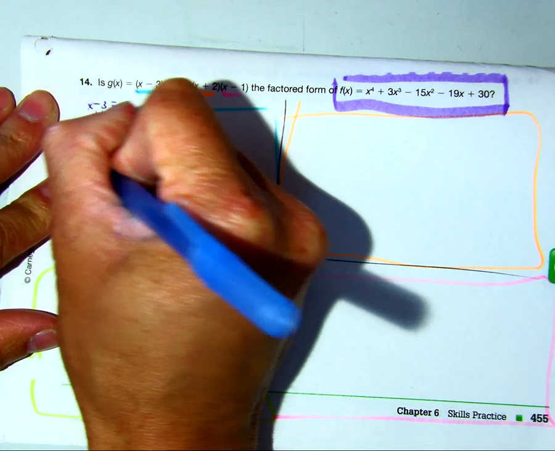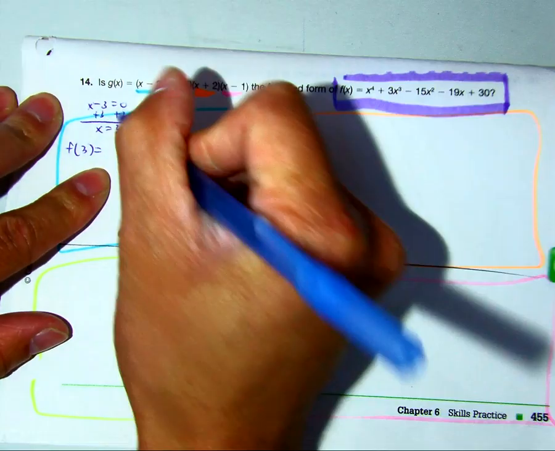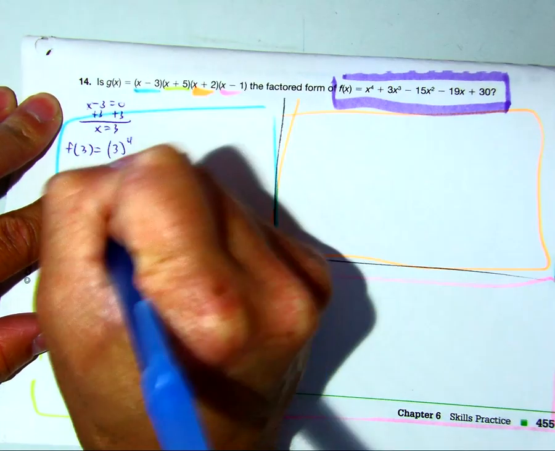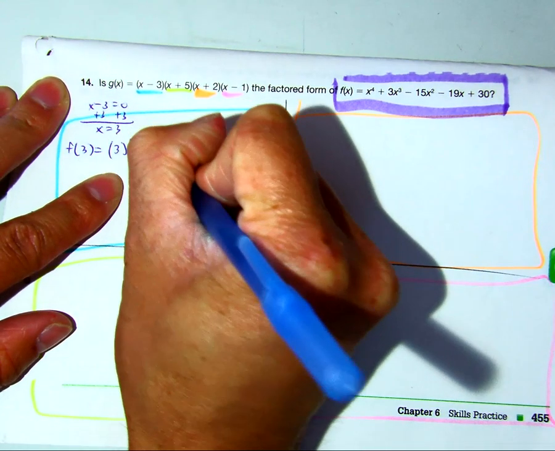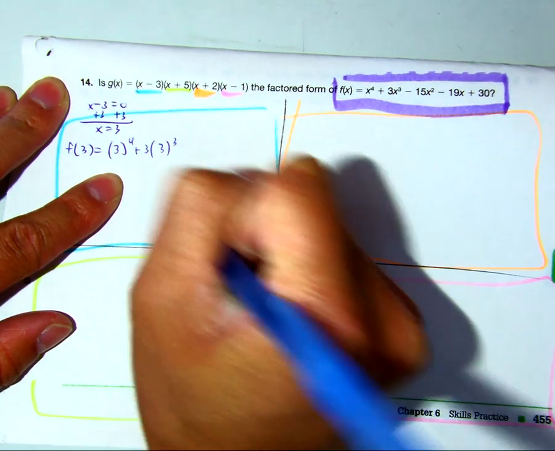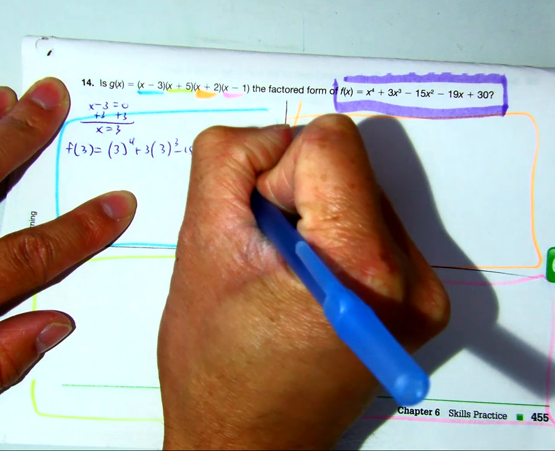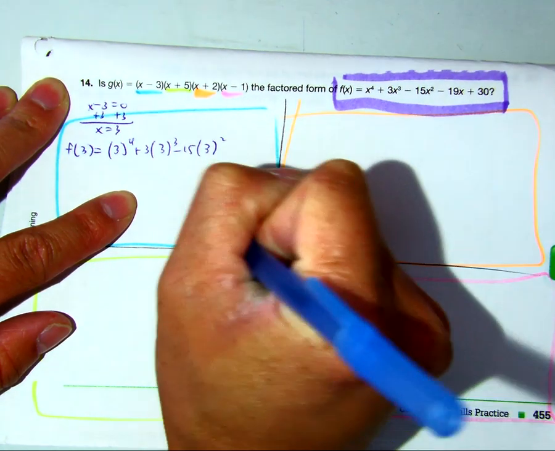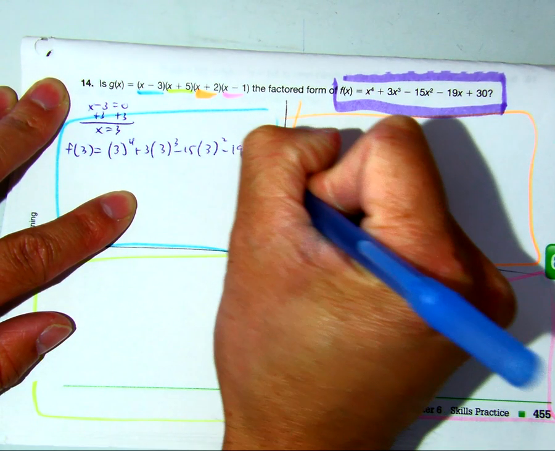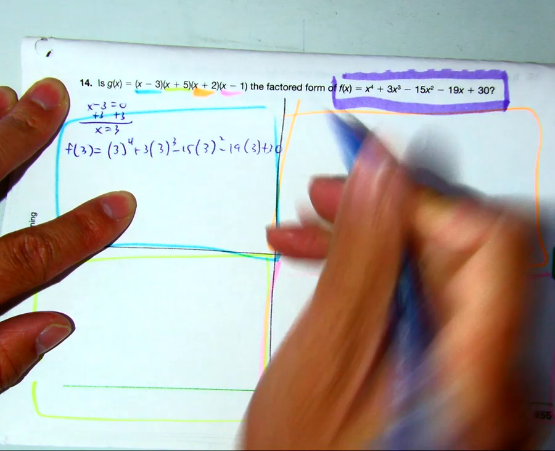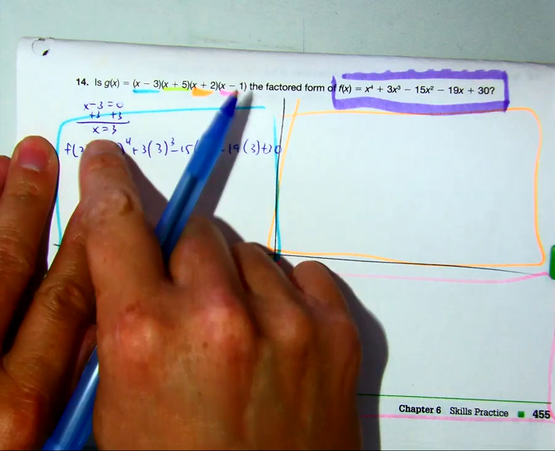So f of 3 equals 3 to the 4th plus 3 times 3 to the 3rd minus 15 times 3 squared minus 19 times 3 plus 30. So basically take my 3, put it in here.